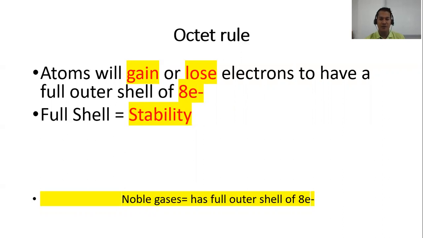Remember in our previous video, we talked about valence electrons, orbits or orbitals, and energy level. That means stability for an element. All right, and we already know that the noble gases have the full outer shell of 8 electrons. All right, so that's the octet rule. They will gain or lose.